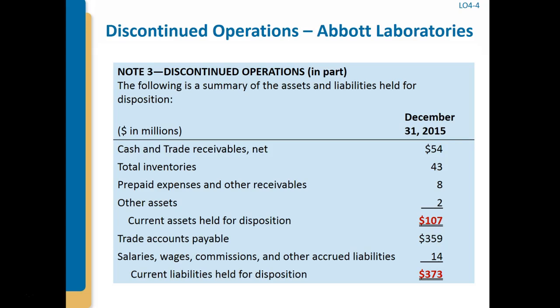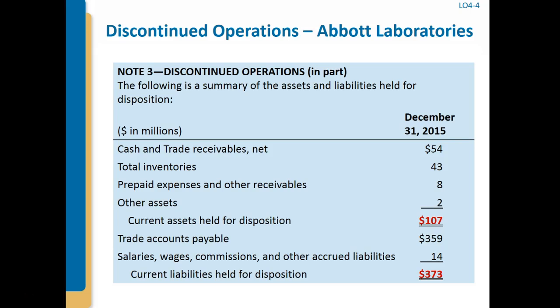The sale of operations of Abbott Laboratories were completed by the end of 2015, but some assets and liabilities of the sold businesses haven't yet been transferred. So the 2015 year-end balance sheet reported $107 million in current assets held for disposition and $373 million in current liabilities held for disposition.